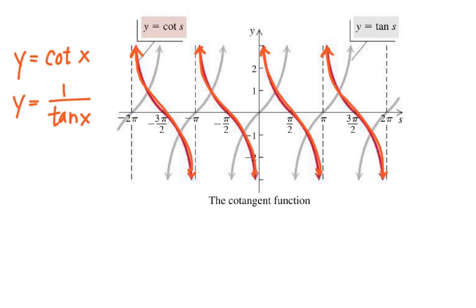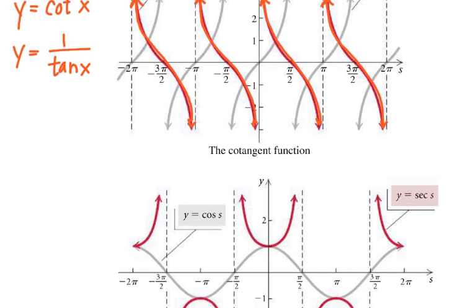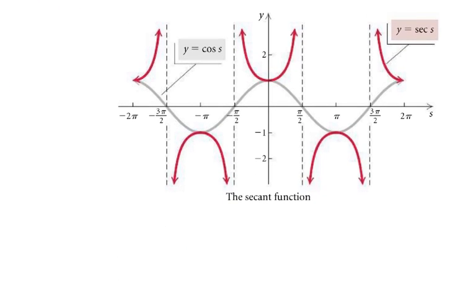The next one we'll look at will be secant. So here we have secant. Secant is reciprocal to cosine. So again, considering how we would graph this, if I wanted to graph y equals secant of x, I would type y equals 1 over cosine x.